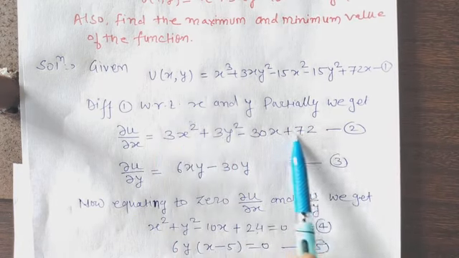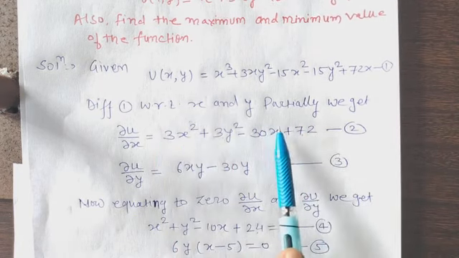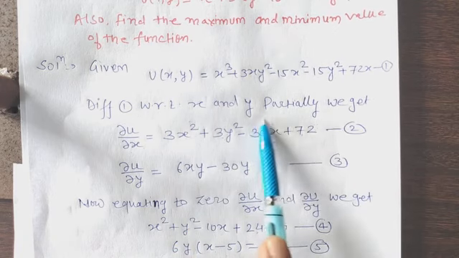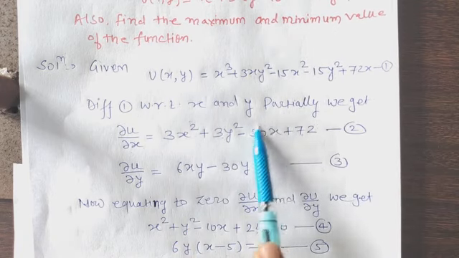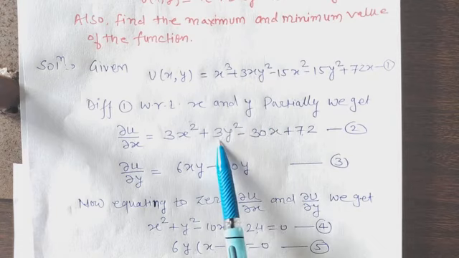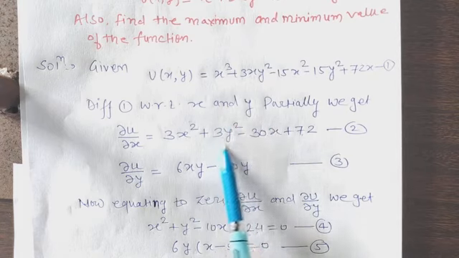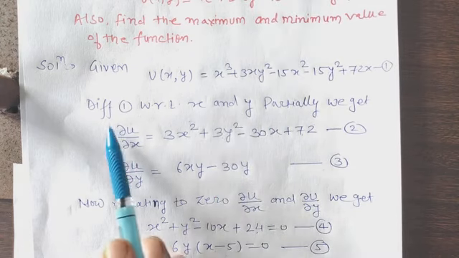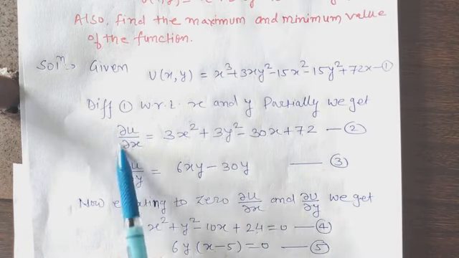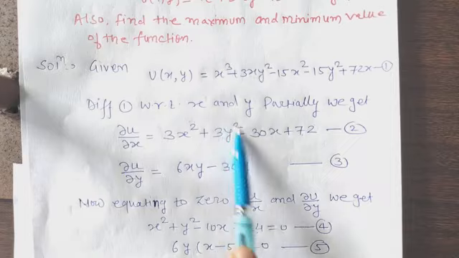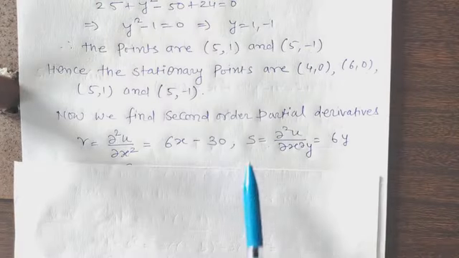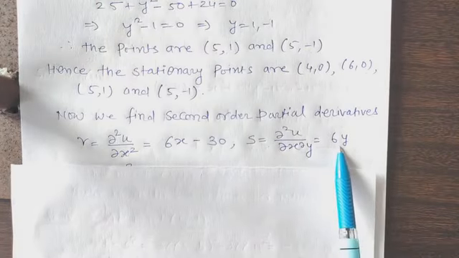With respect to y, this is constant, so 0. With respect to y, this is constant, so its partial derivative is 0. And here, the derivative of y square with respect to y is 2y, so we get 6y only. So the value of del 2u by del x del y is 6y. So here s is 6y.